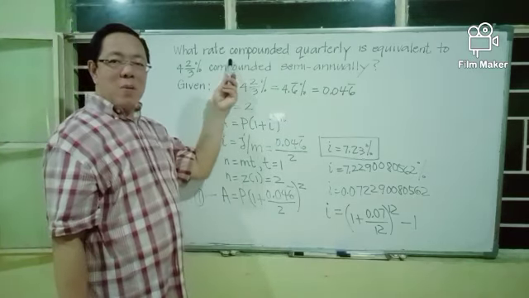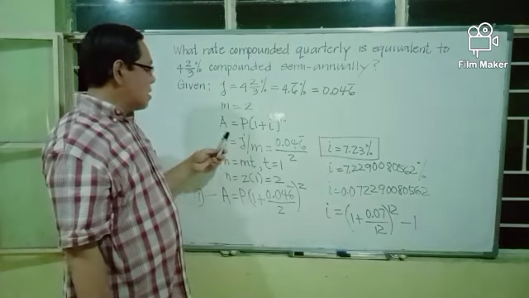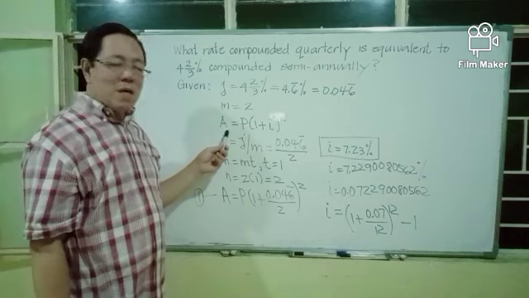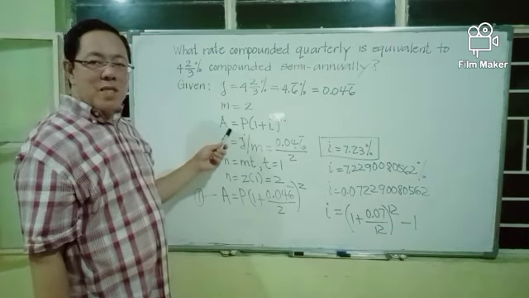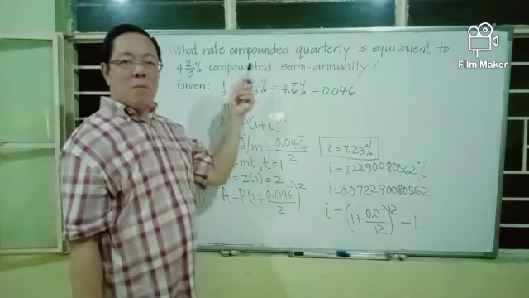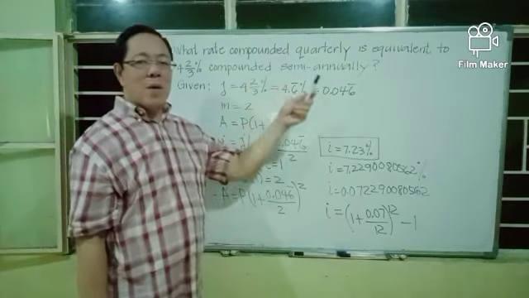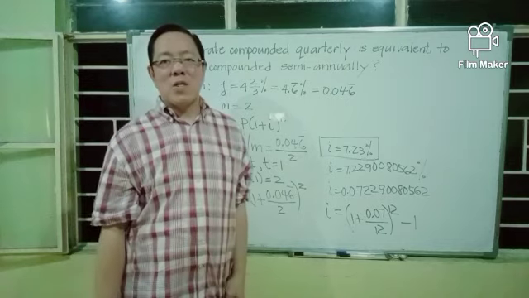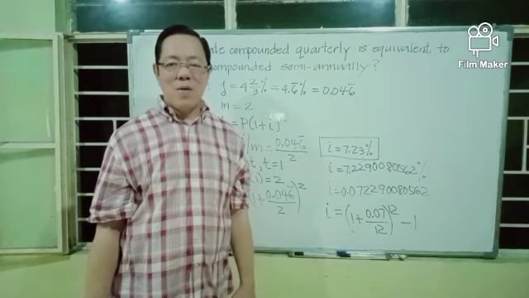For the unknown compound interest rate, we also write the expression for accumulated value at the unknown compound interest rate compounded quarterly. And we will equate the two accumulated values from which we will solve for the unknown compound interest rate.